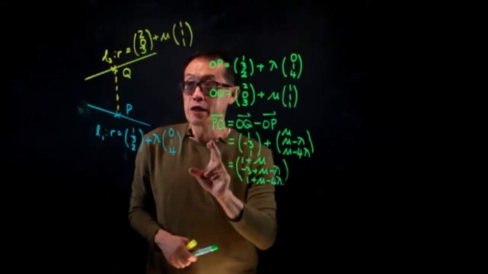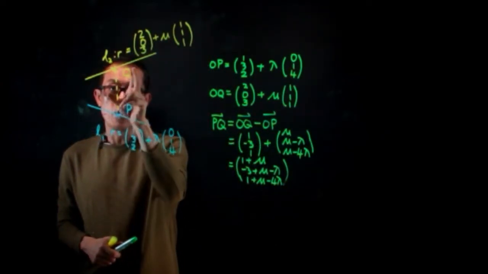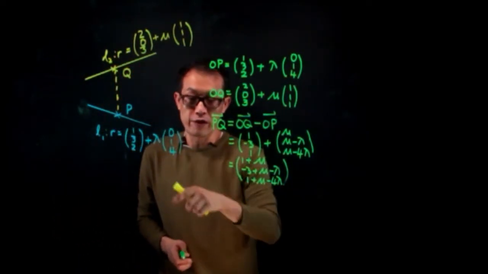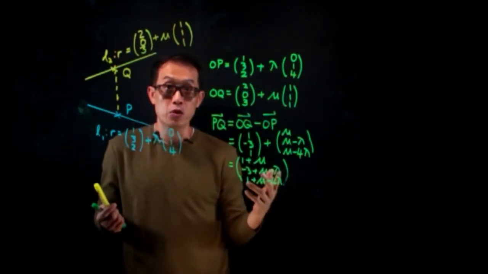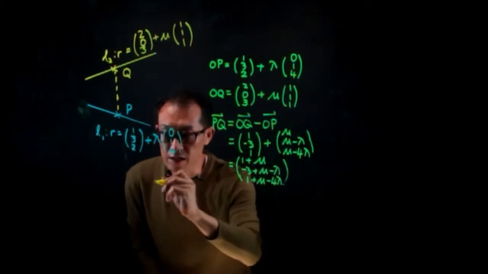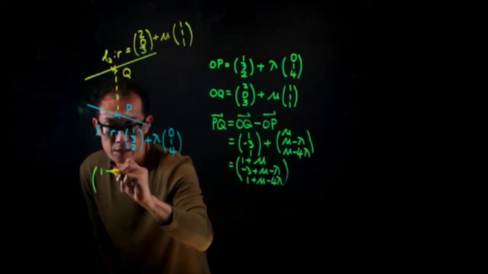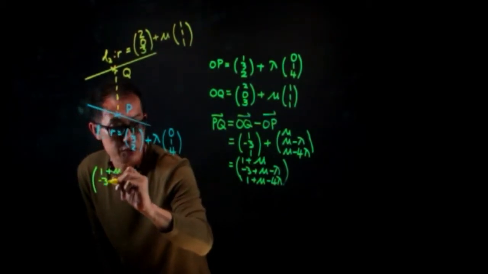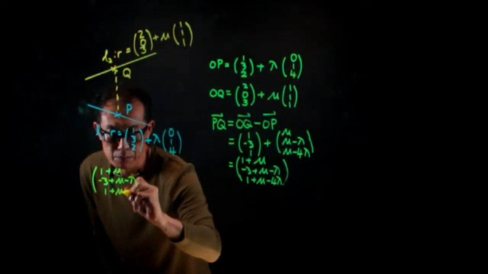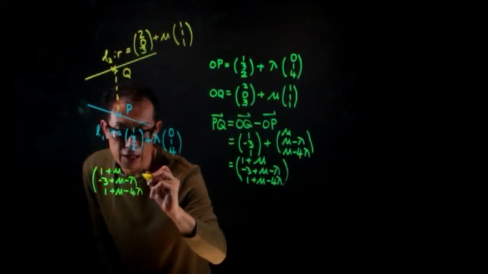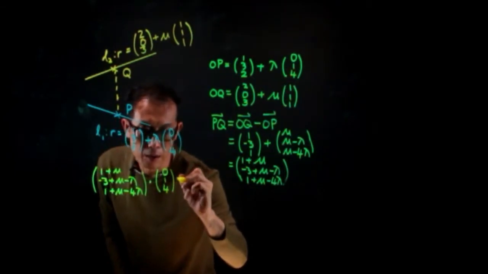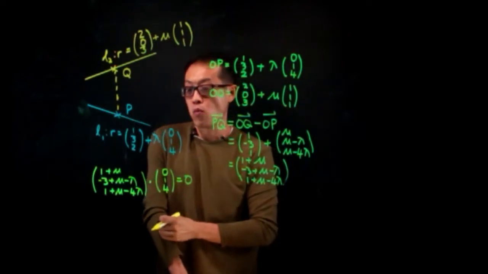Now, it is given that PQ is perpendicular to both L1 and L2. So, PQ dot the direction vector of L1 must be equal to 0 since it's perpendicular. So, (1 plus mu, minus 3 plus mu minus lambda, 1 plus mu minus 4 lambda) dot (0, 1, 4) must be equal to 0.